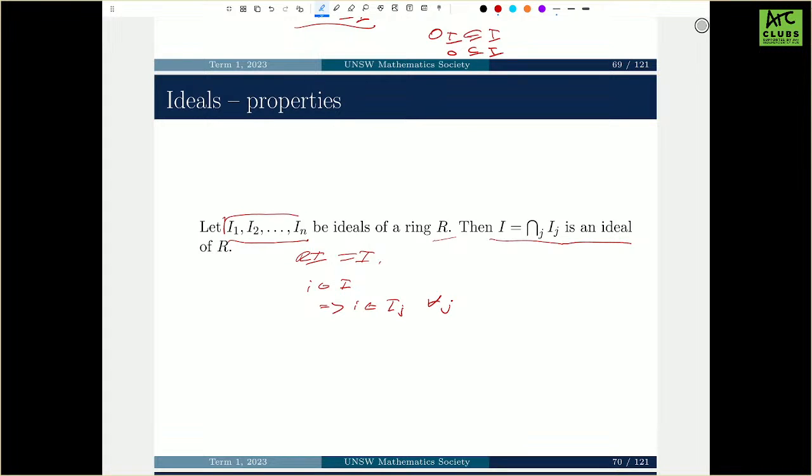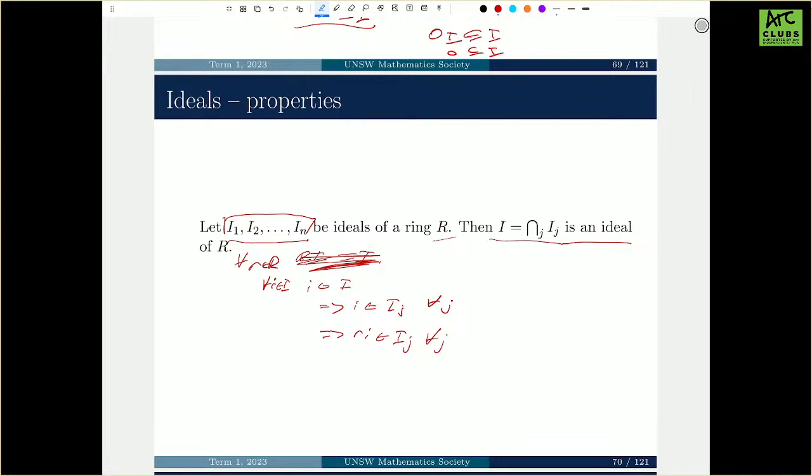So, I mean, we definitely want to make use of this property. So let's use it. Each of these we already know to be ideals. So let's just say for all i in I and for all r in R. Well, okay, we have i is in I implies i is in Ij for all j, which implies Ri is in Ij for all j.